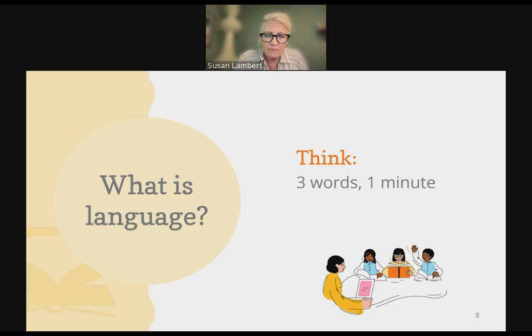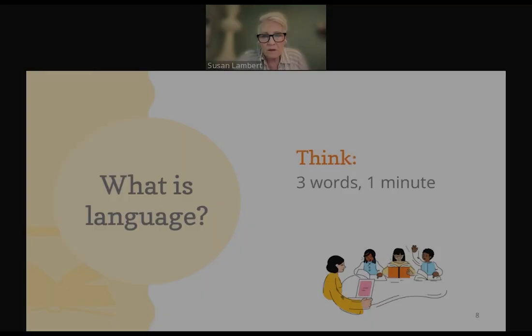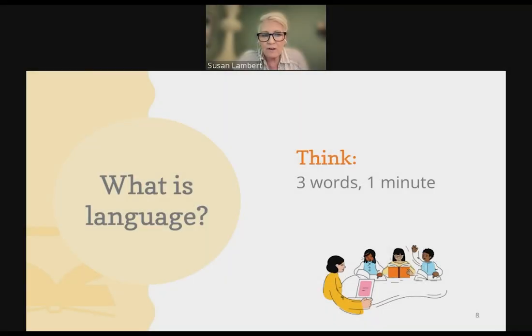Just think now, and I'll give you about a minute. We're about halfway there, so you have 30 more seconds. Keep thinking. And in just a few seconds here, I'm going to have you throw it into the chat, which people are already doing. So go ahead and throw in the chat what 3 words you came up with for language.